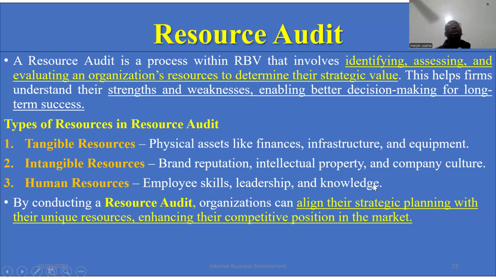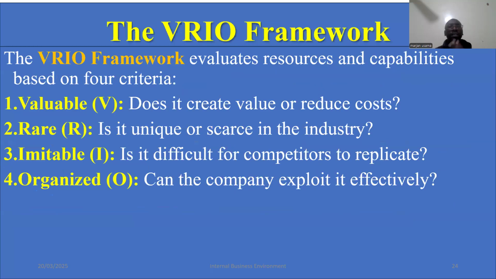So basically you need to analyze. You need to audit. After auditing, you will know my strength is in my human resource. I need to focus more on my human resource. They are the ones who are bringing money to my company. The other resources are not helping me. That is the idea behind resource auditing.